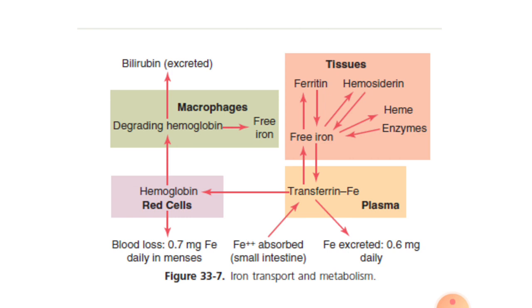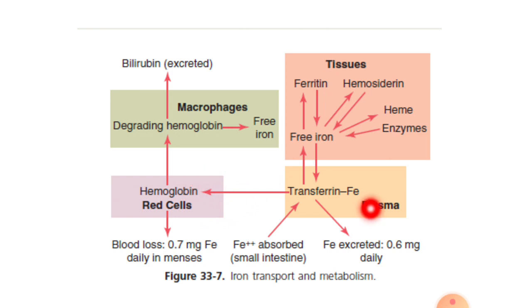So here we have the old red blood cells, and after they end their lifespan, their hemoglobin will be released by the macrophages, and the iron within the hemoglobin will be either stored as ferritin within the hepatocyte, or transported to the plasma as transferrin when there is a need for iron, to be delivered to the erythroblast to synthesize hemoglobin.